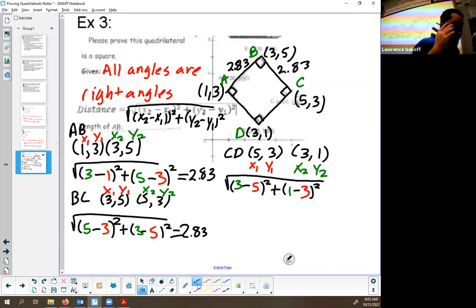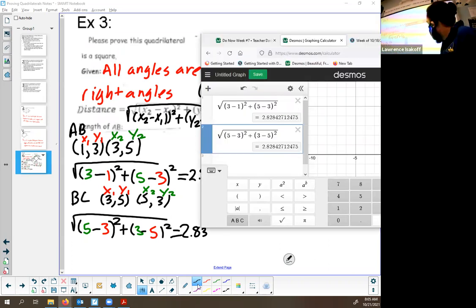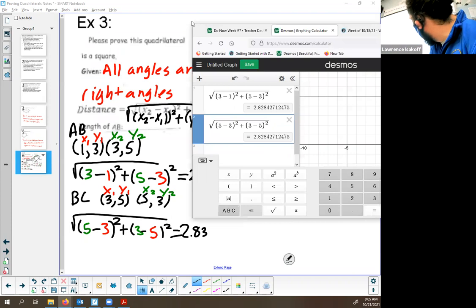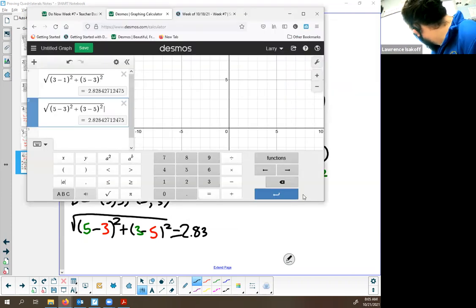Quantity squared. Again, take the time to type this into the Desmos calculator. Let me resize this very quickly. Oh, there we go.